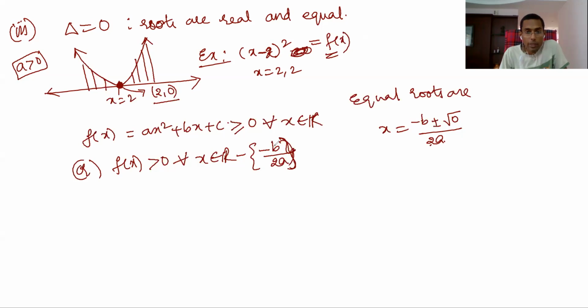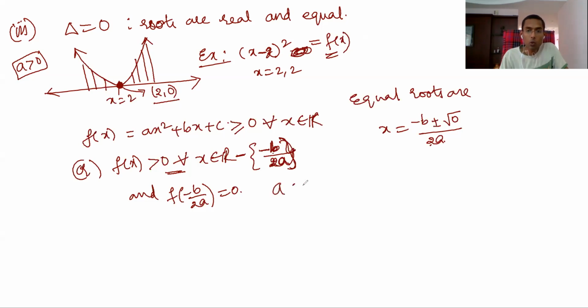Both are the same, so at minus b by 2a it is 0. I removed minus b by 2a because at that value it is 0. For all remaining values, it is positive. So this is positive for all real numbers except minus b by 2a, and f of minus b by 2a is 0. Hope you understand this one.